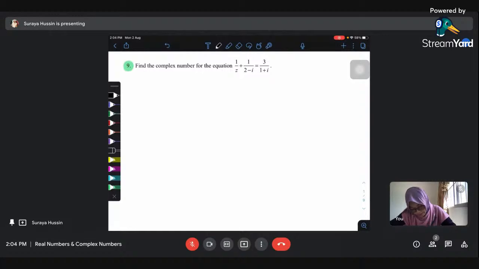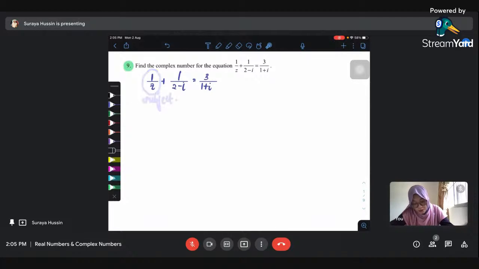Find the complex number. Dekat sini, find the complex number of the equation ini. I will write down the question first. So, kamu diminta untuk mencari Z. Jadi, this part will be your subject.